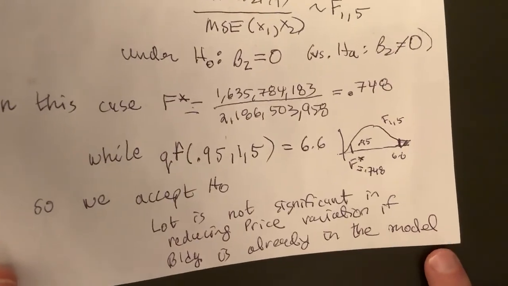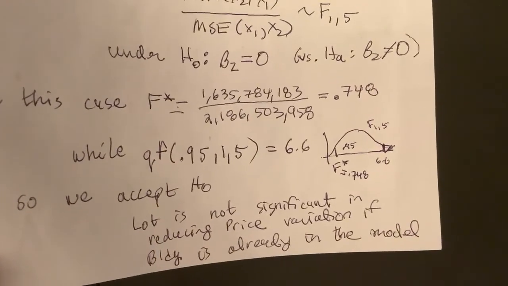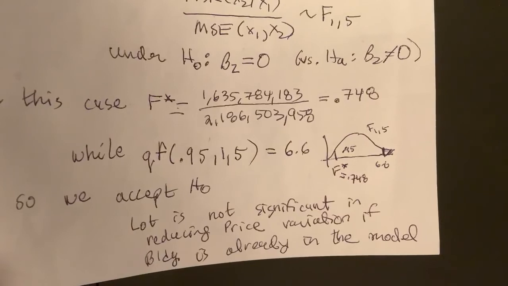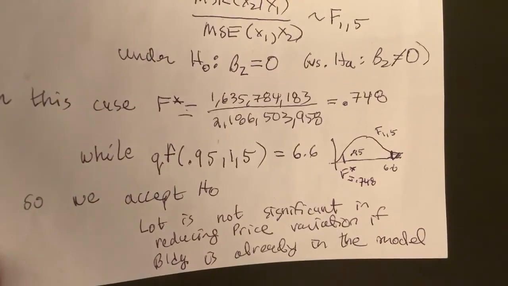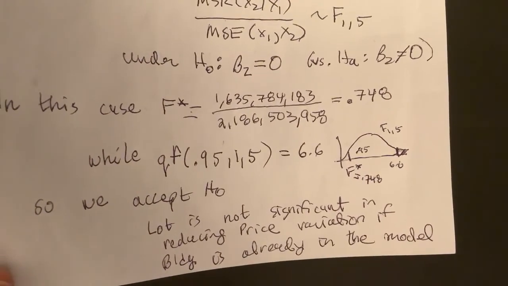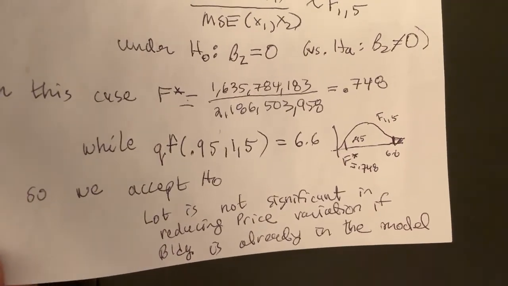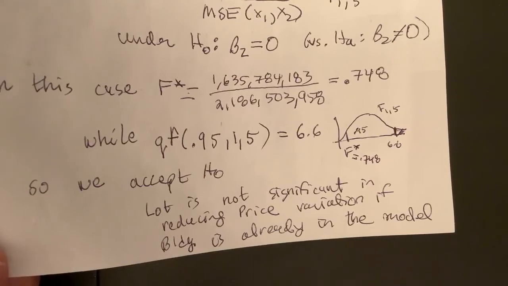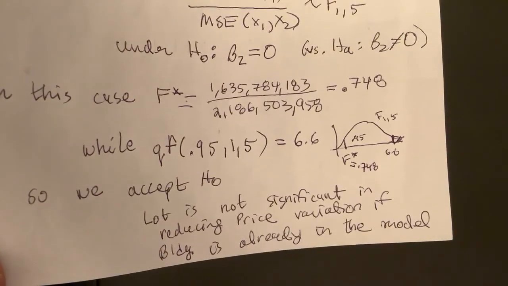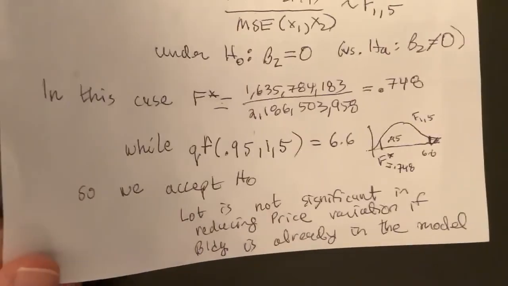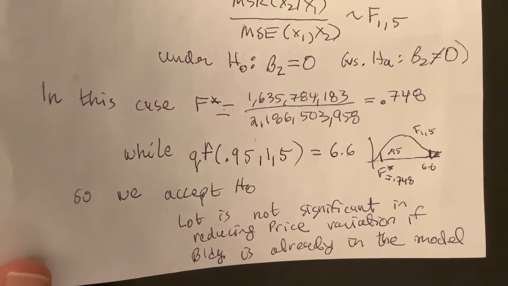So I set my test up this way using the likelihood argument. I say, well, if F star has to be bigger than 6.6 for me to reject it, and it's not even close. So lot is not significant in reducing price variation if building is already in the model. That's the English for what we just did. So we accept H0 in this case.